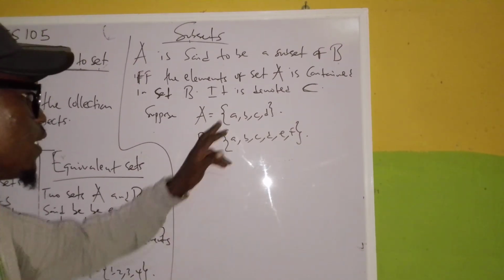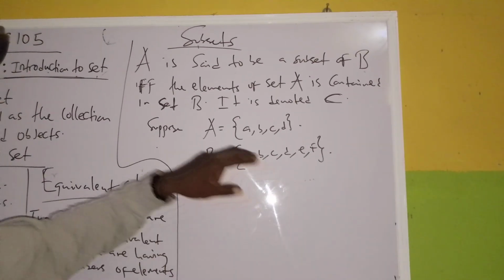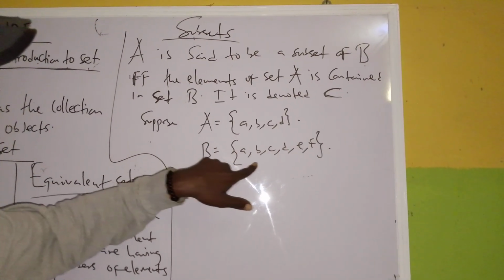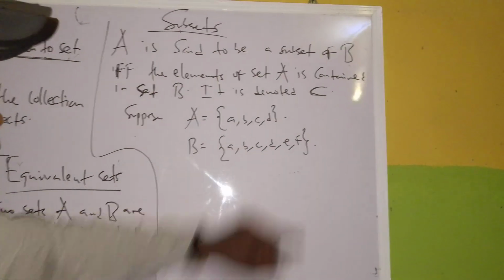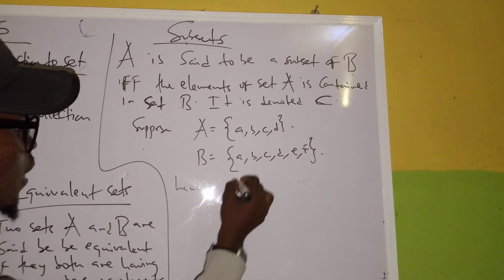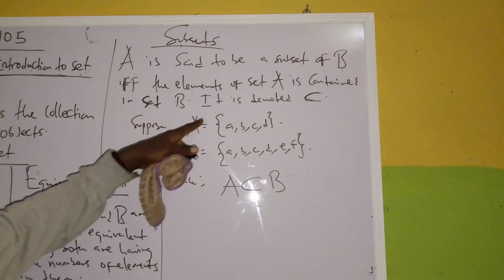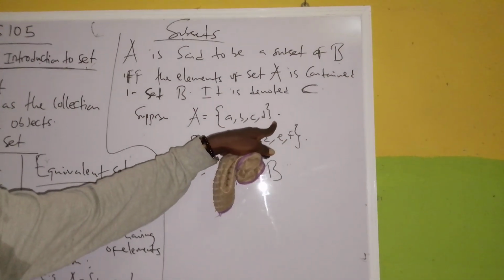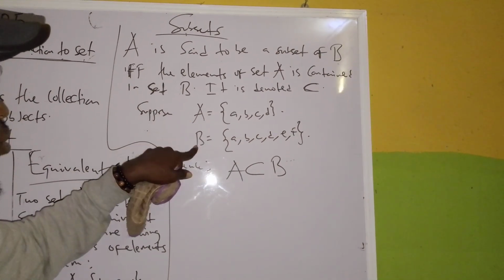You will notice that all the elements in set A, you can find inside set B. So that says that A is a subset of B, because you can find all the elements that A has inside B. That's what makes it a subset of B.